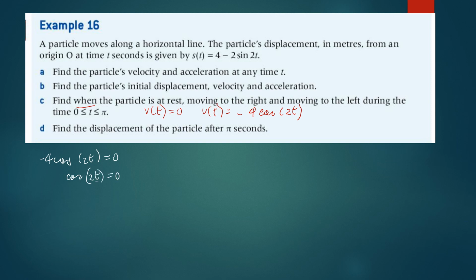Okay, let's consider this as just cosine theta equals 0. So we identify what is this theta, or 2t. What are these angles that have cosine equal to 0?